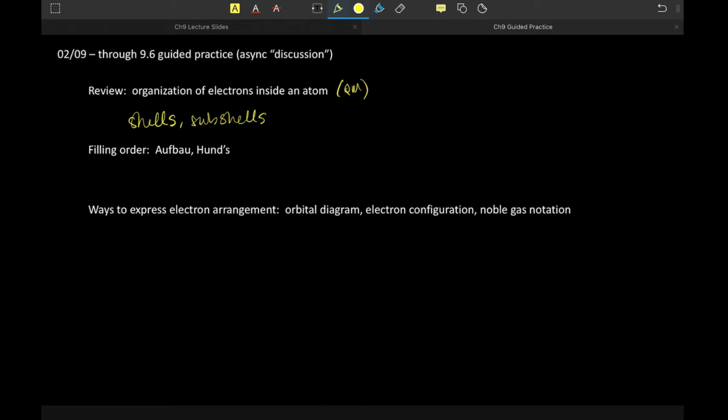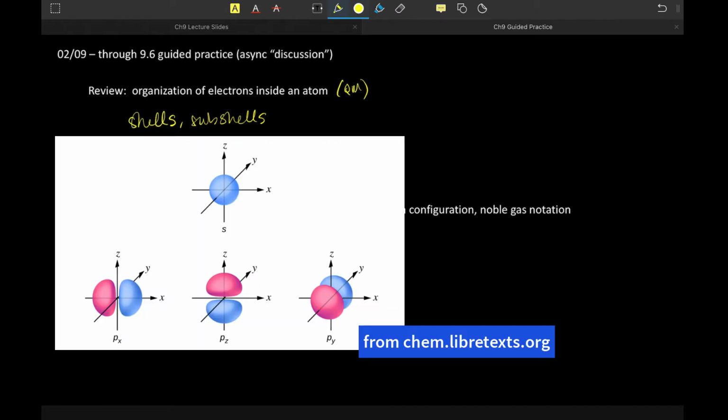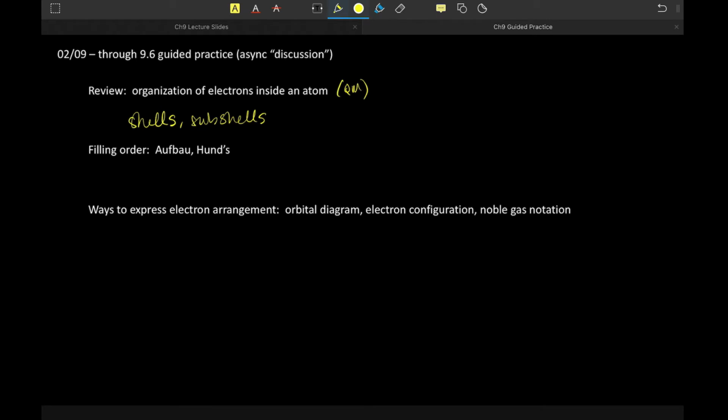The subshells are places in three-dimensional space where an electron might be found. An S subshell means the electron might be found in a spherical region around the nucleus. A P-shaped subshell means that an electron is likely to be found in a lobe region extending on either the X, Y, or Z axes, and so forth.